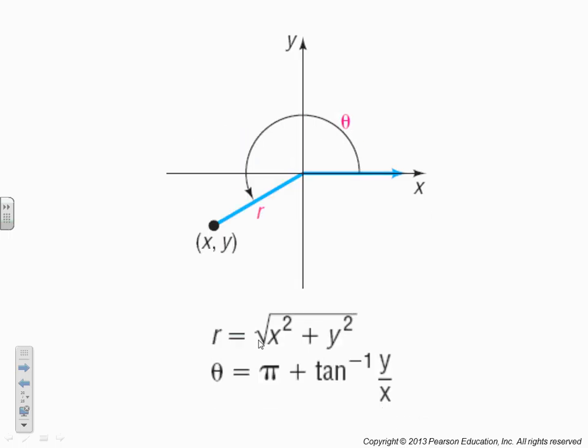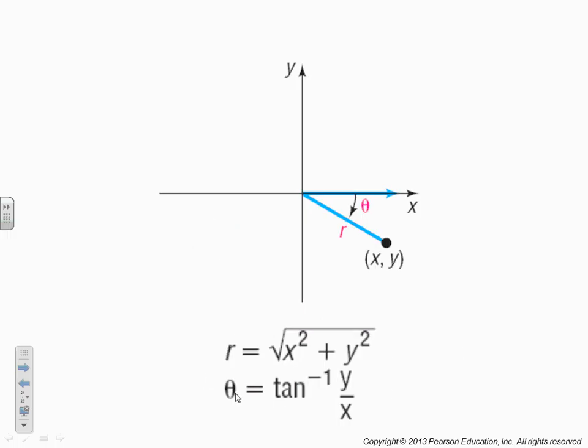Same with quadrant 3. Radius is the same. Theta is pi plus whatever you get out of your inverse tan. And then quadrant 4, radius is the same. Theta is just what you get out when you do inverse tan of y over x.